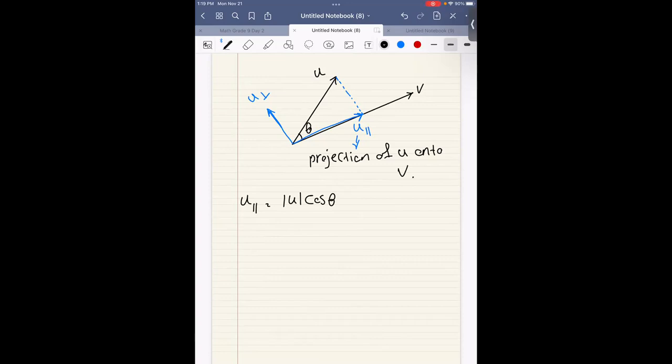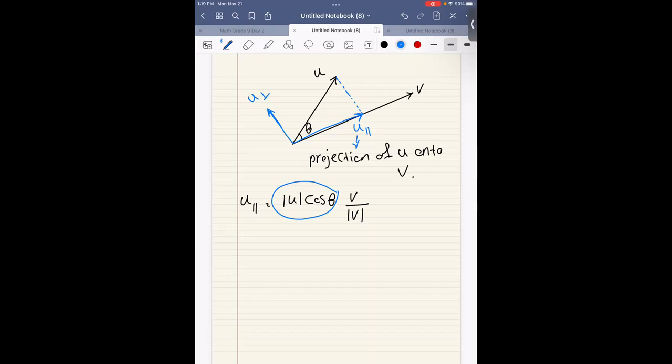The direction vector of v is just v divided by the magnitude of v. So the first part is just the magnitude of u parallel, and the second part, which is the vector part, is just the direction.